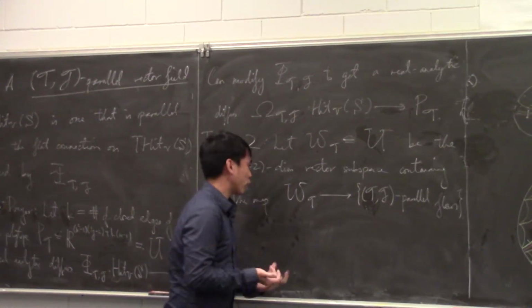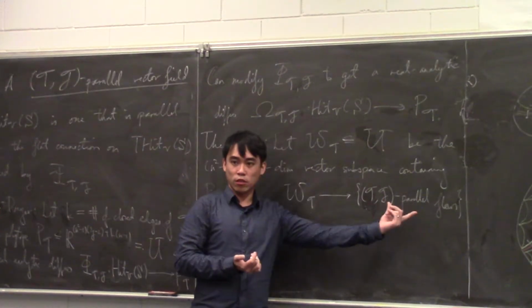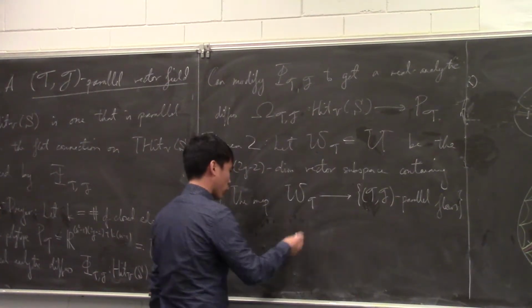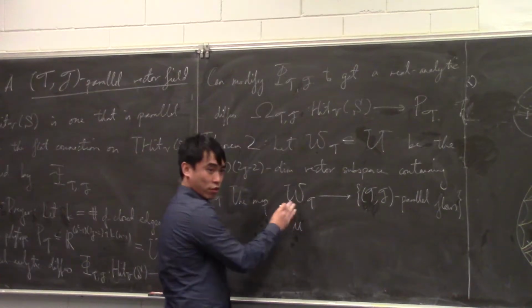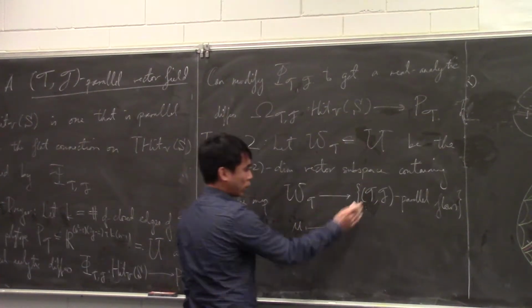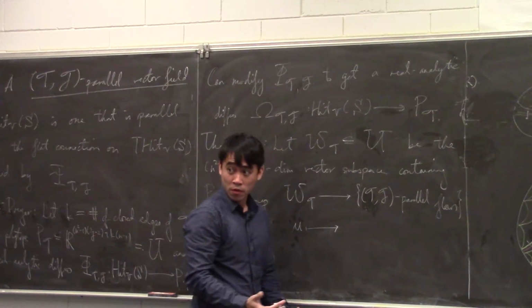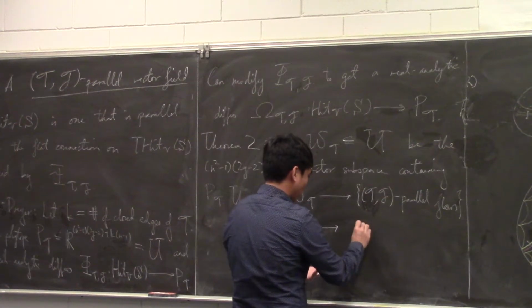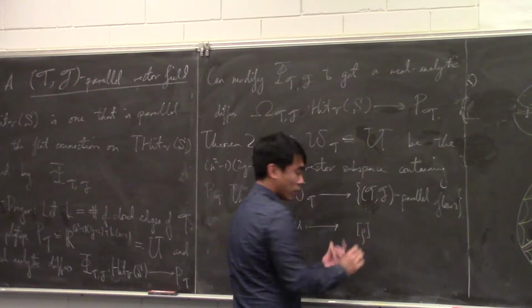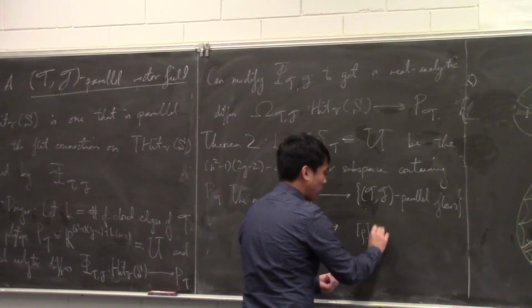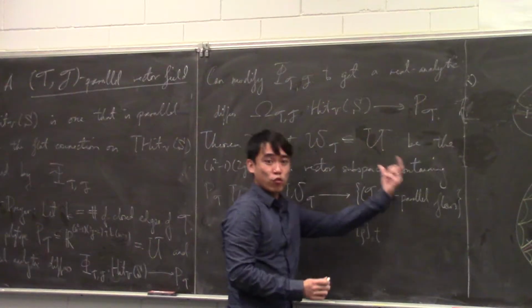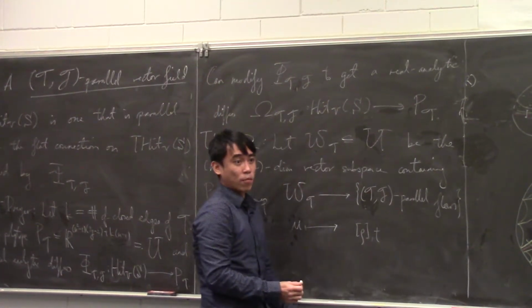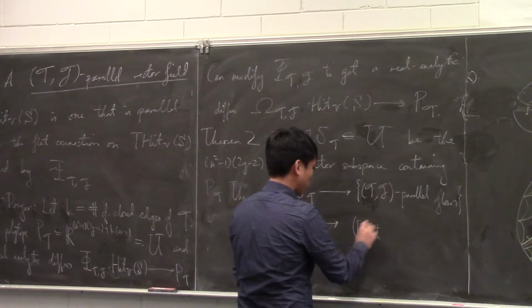Now I'm going to define for you a map from this vector space to this space of flows, in the following way. You take any vector in here, and I want to use this vector to define a flow. So what do I need to do to define a flow? If I pick any point in the Hitchin component and any time parameter, I need to give you a new point in the Hitchin component. So how do I do that?